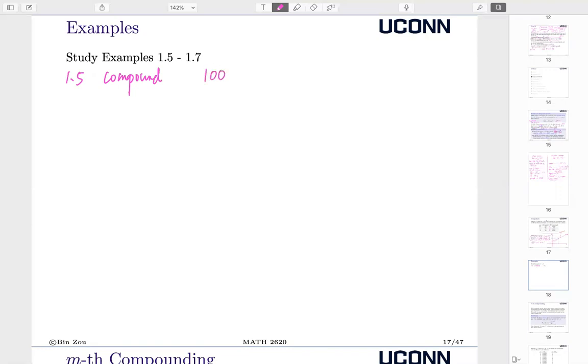So the first guy is Wendy. Wendy deposits $100 at the interest rate of 6% for 2 years, right? Which is $112.36. Okay. There's another guy, Leonard. Leonard does deposit for 1 year.